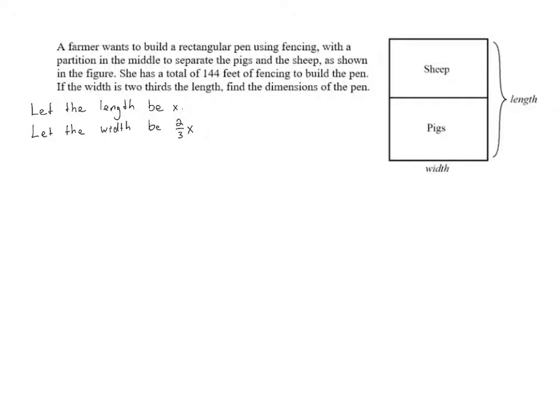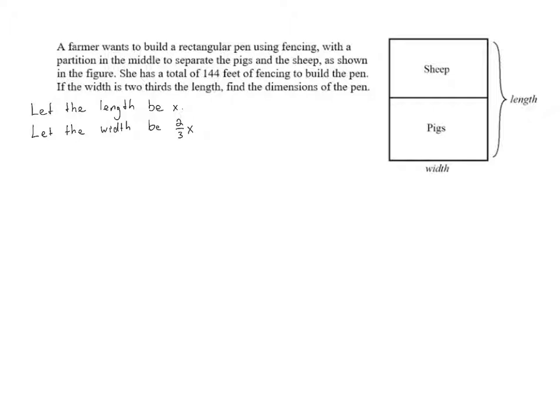Now we need to write an equation that models the situation, but it's not going to involve perimeter, because nowhere in the problem are we actually asked about perimeter or told about perimeter. We're told that she has 144 feet to build the pen with, but the perimeter is only the outside, and she also has to build that partition in the middle.